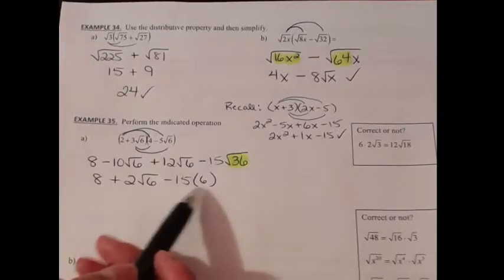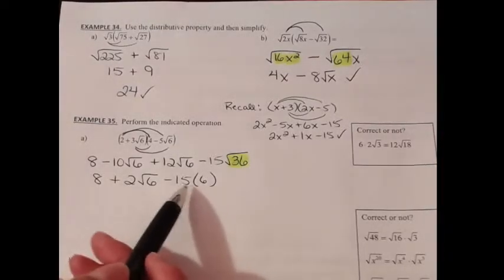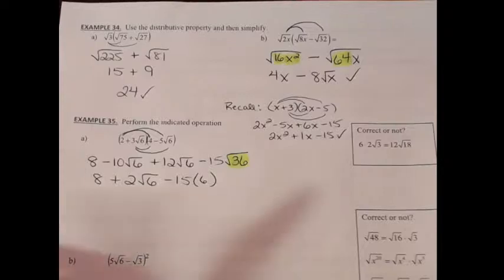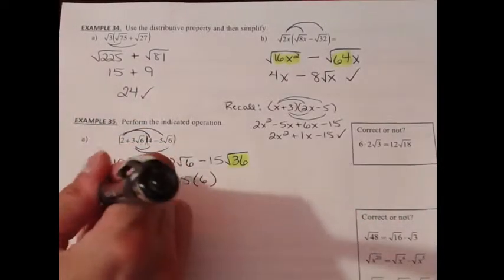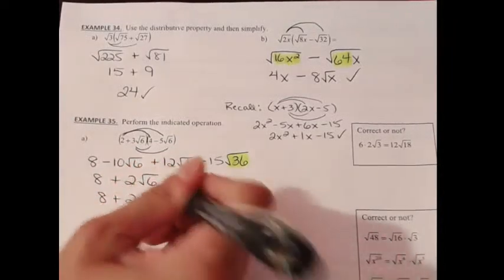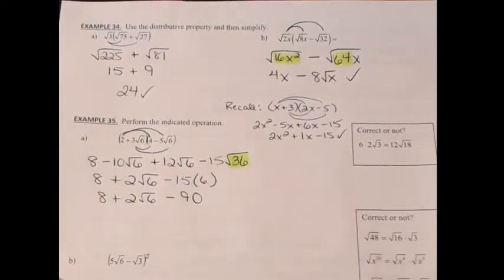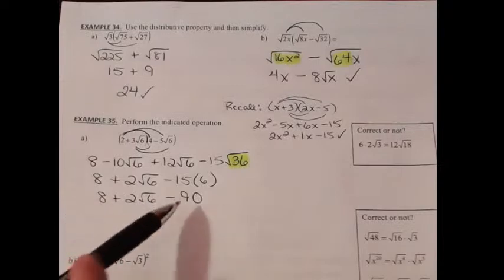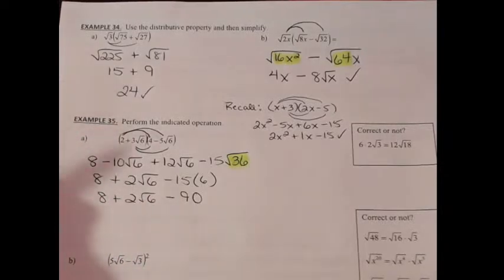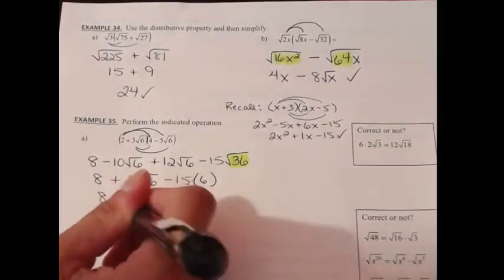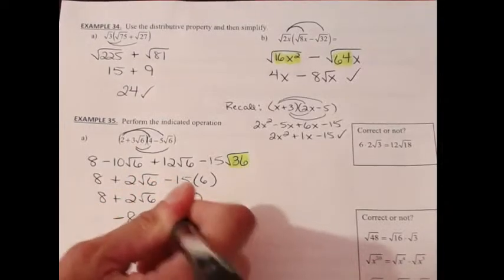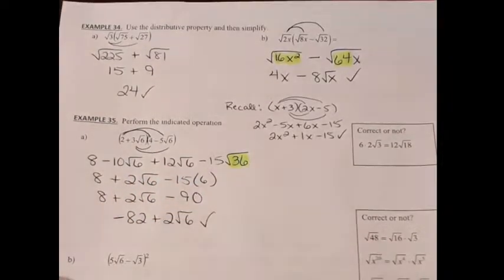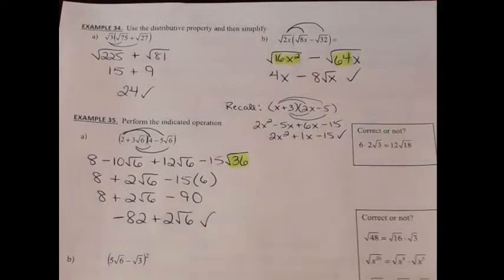They're connected by multiplication. It's not plus. There's no plus sign in between there, so don't write one in there. We have 15 times 6, which is 90. So I have 8 plus 2 square roots of 6 minus 90. And notice I have like terms. So we have 8 minus 90, which is going to give me a negative 82 plus 2 square roots of 6. And there is your final answer.